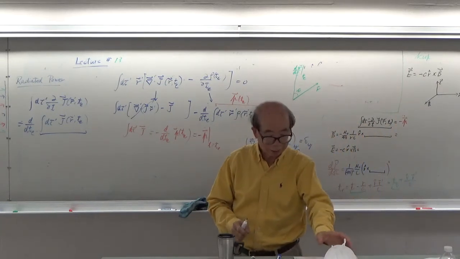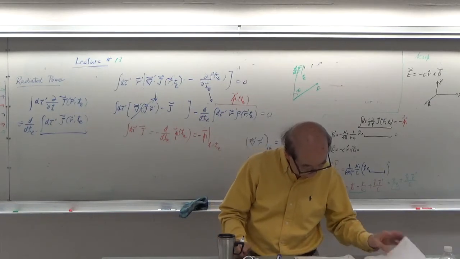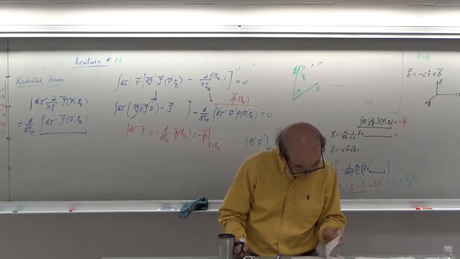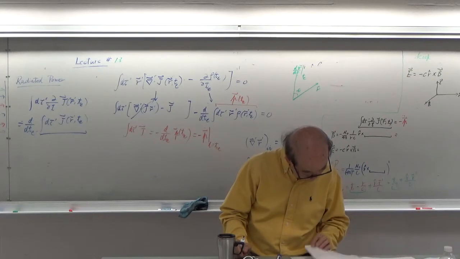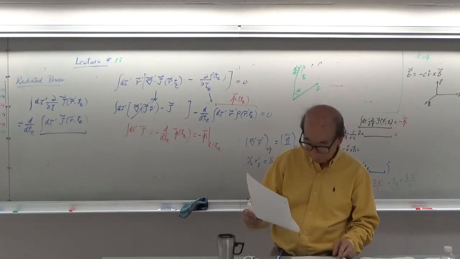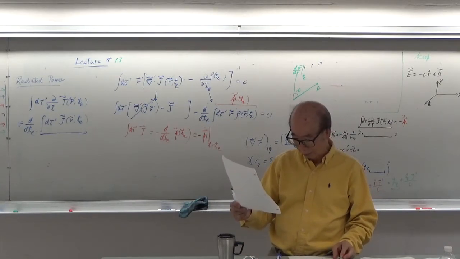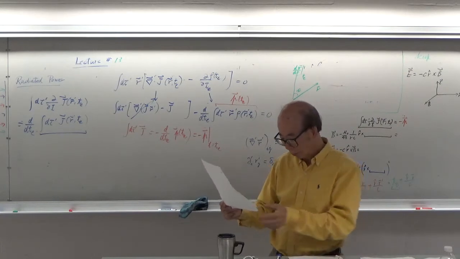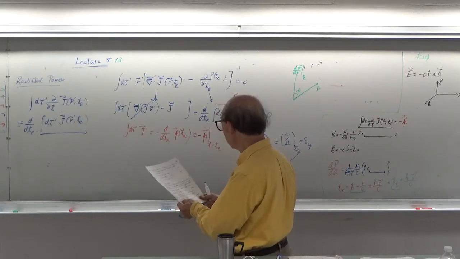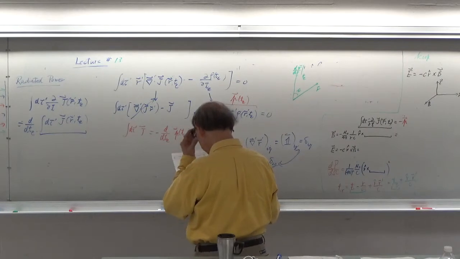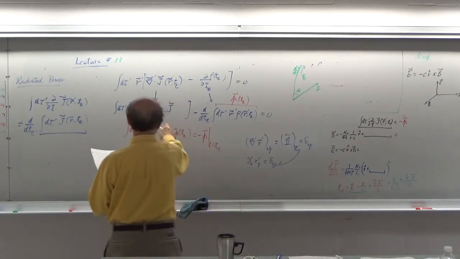Let me check against the notes to make sure that I got the sign right. Is it minus P dot or... oops. I did not even write it down explicitly. No, that's a mistake again. Oh, there's a J here.